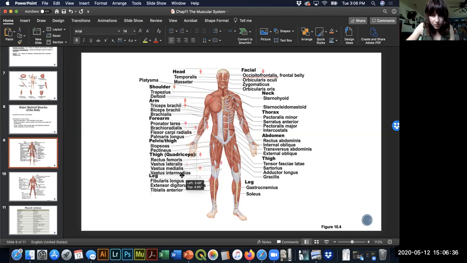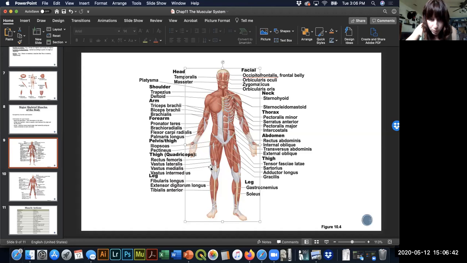And the vastus intermedius is deep to what we can see here, which is the rectus femoris. Let's do this.